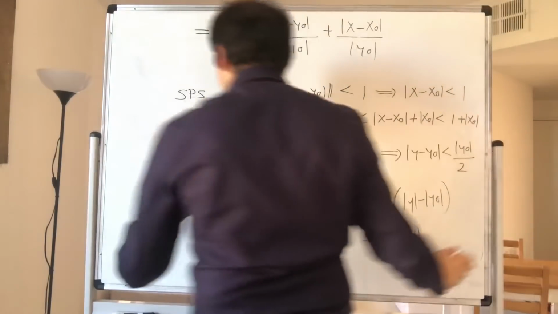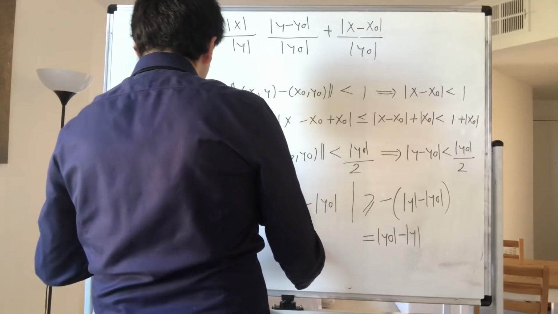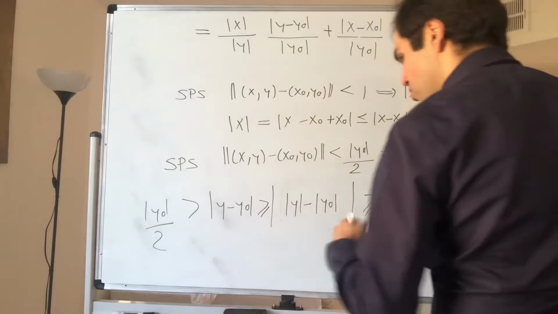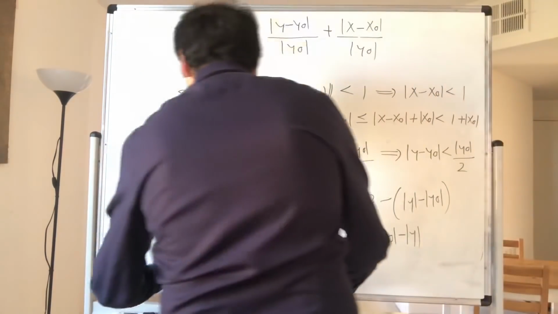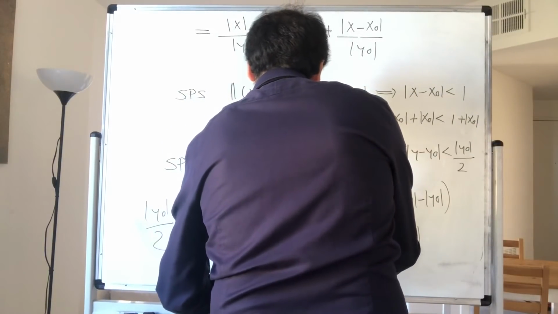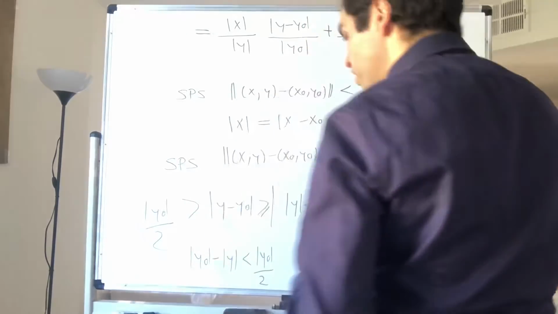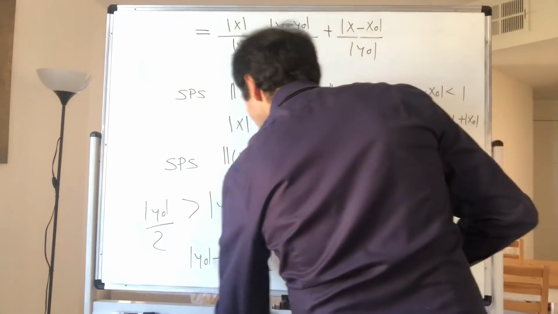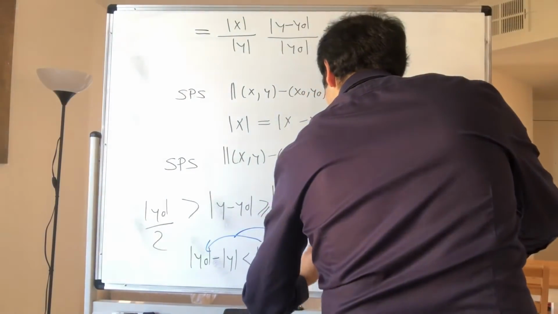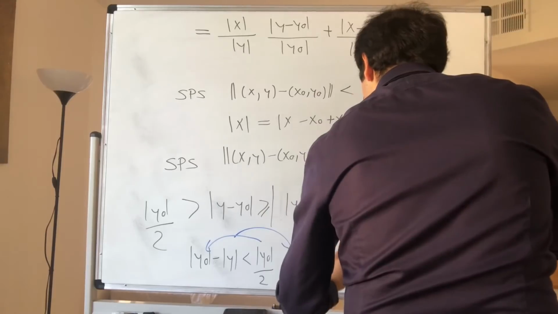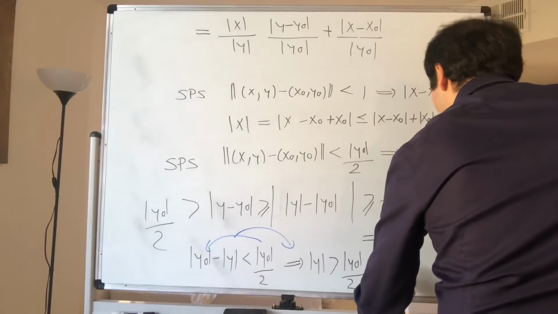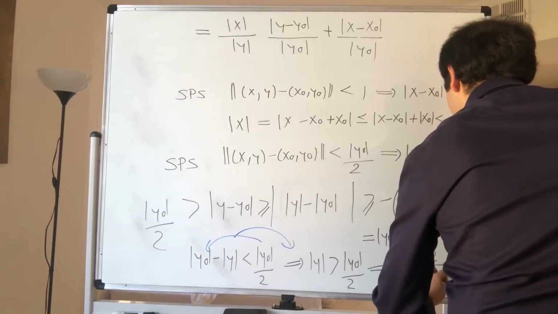And we know this is less than |y naught| over 2. So basically what we know, we have |y naught| minus |y| less than |y naught| over 2. So if you put this |y| here and this |y naught| over 2 here, we get |y| is bigger than |y naught| over 2, which is good because then 1 over |y| is less than 2 over |y naught|.